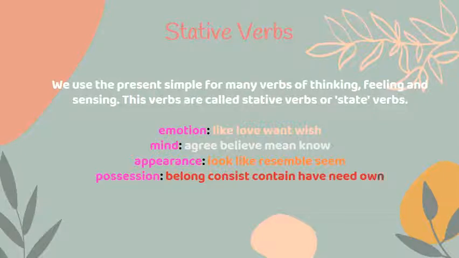Also verbs of possession, the things that belong to you: belong, consist, contain, have, need, own. Perception, we mean the senses, like see, hear, taste. All of these are called stative verbs.